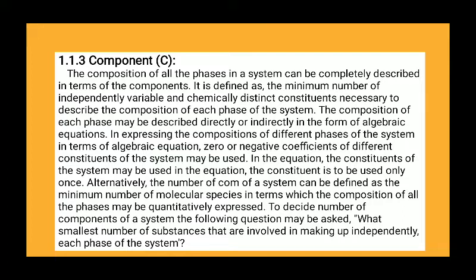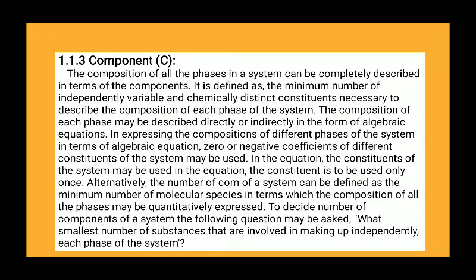Component is denoted with the help of the letter C. The composition of all the phases in a system can be completely described in terms of the components. A component is defined as the minimum number of independently variable and chemically distinct constituents necessary to describe the composition of each phase of the system.